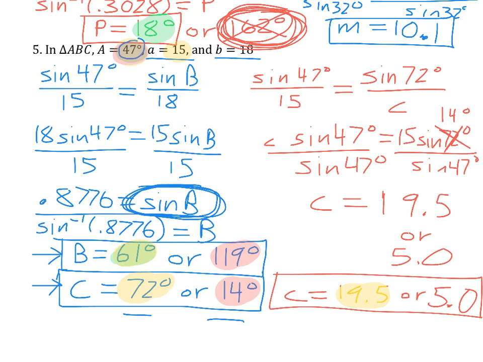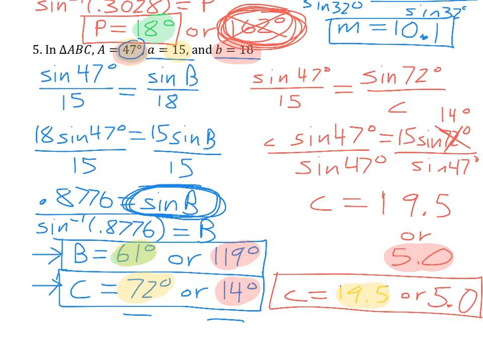So if angle C is the smallest, side C has to be the shortest, which it is. Alright, and in this case, angle B was the largest, so side B should be the longest. Alright, so those match up. So you always want to make sure that the biggest angle is across from the longest side, and the smallest angle is across from the shortest side.